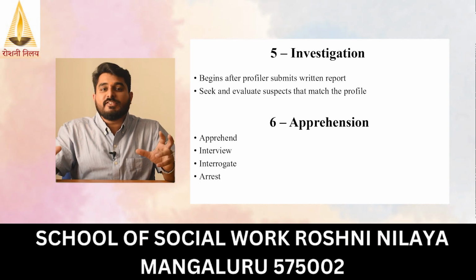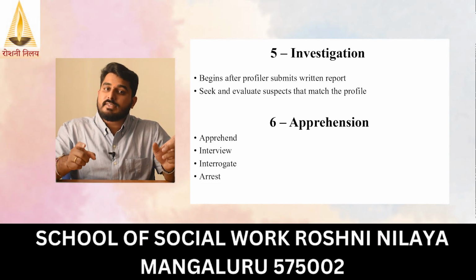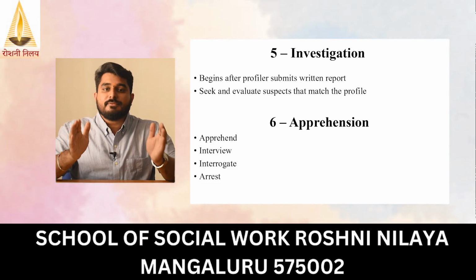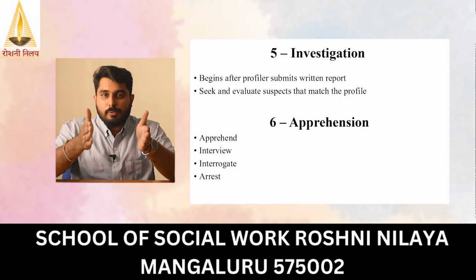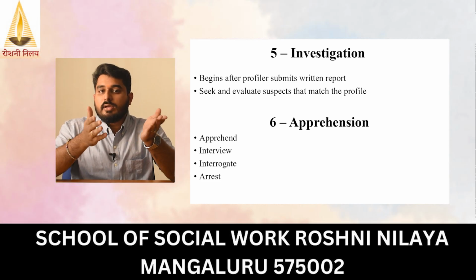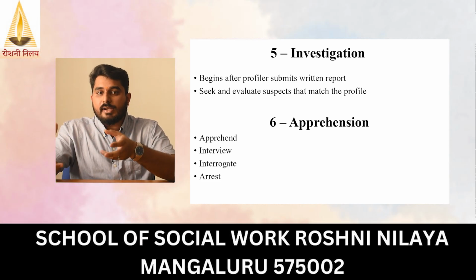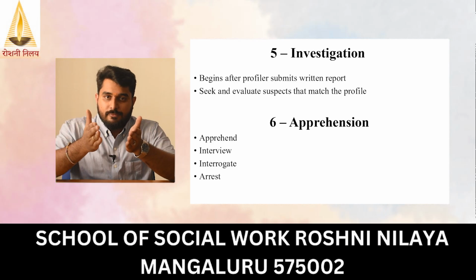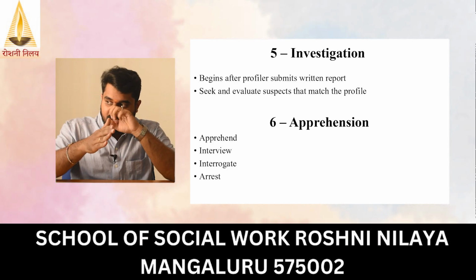When we come to the fifth stage, it is investigation. It begins after the profiler submits the written report. That means once the criminal profile is prepared and the criminal profiler submits his written report, based on the criminal profile report, we are investigating the crime scene.